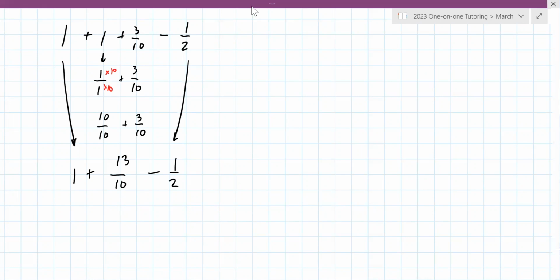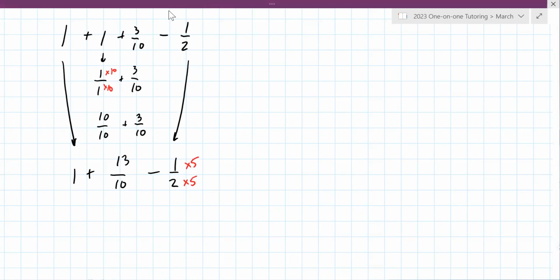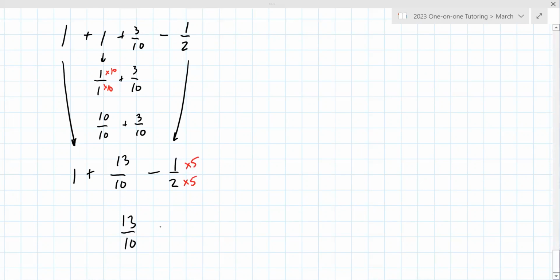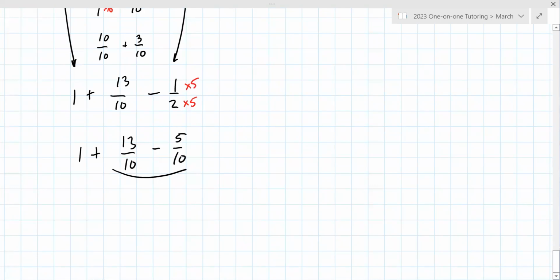Now you gotta make a common denominator between 1 over 10 and 1/2. So you're gonna multiply by 5. 13 over 10 minus 5 over 10. What does that become? It would become 8 over 10.